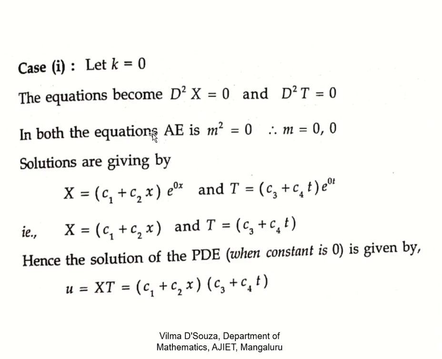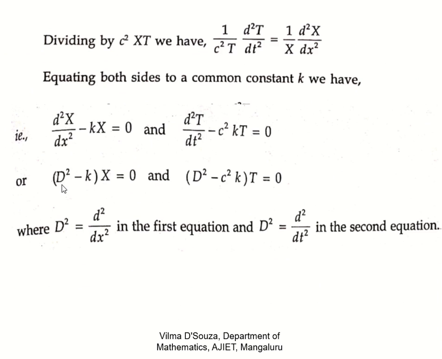Go to the first equations, you can go back. You have d square minus k into x is equal to 0 and d square minus c square k into t is equal to 0. In this k, you put k is equal to minus p square.